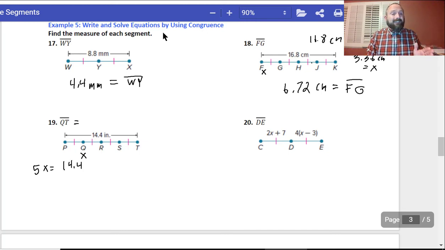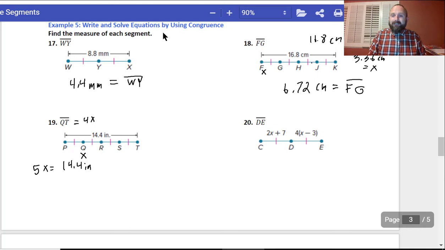So 5 x's is equal to 14.4 inches. And now QT is how much? 4. After we figure out how much is 5 x's, we divide to figure out how much is 1x, we multiply it by 4, and we should get our answer. Go ahead and figure that out.